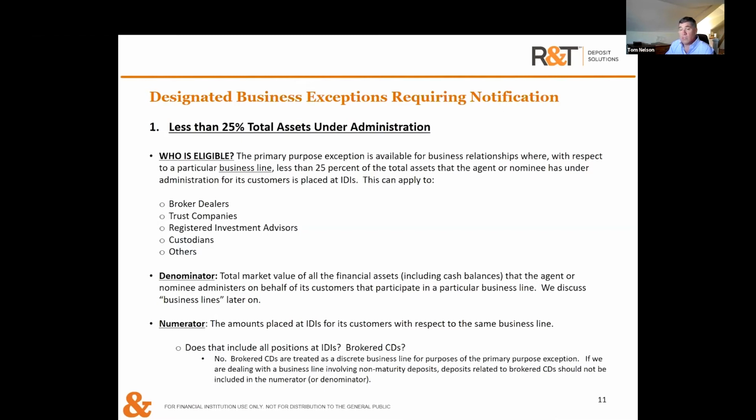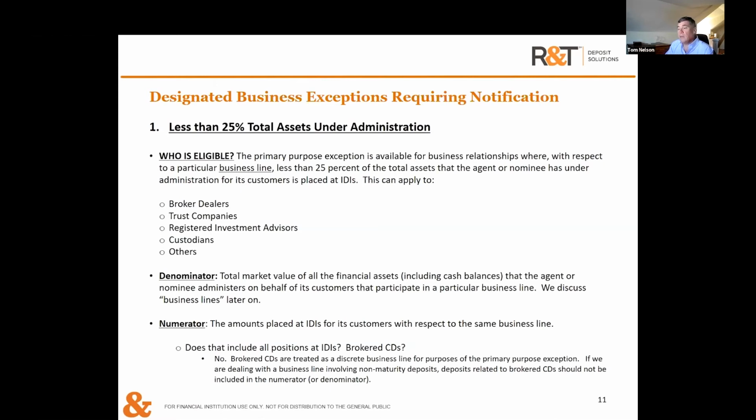If less than 25% of the assets in those accounts are going to IDIs, then they can say to the FDIC, we should be exempt. The rationale there is that the FDIC is saying that their placement of deposits on behalf of these customers at banks around the country is ancillary to their primary purpose of business.